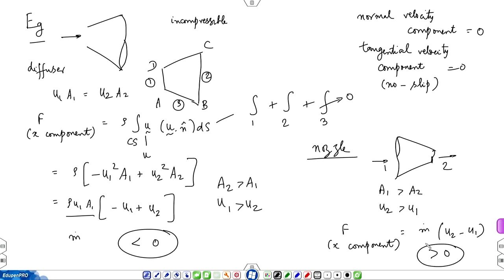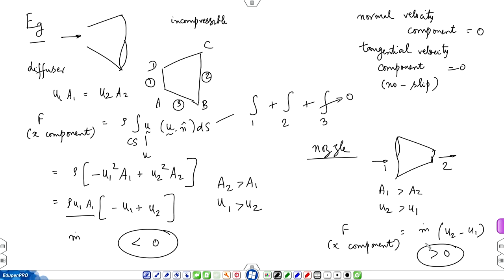So, this result is not for the nozzle, that solid entity. The analysis is for the fluid medium contained, where a continuous flow takes place through it. For that control volume, you get a positive force acting on the fluid medium.